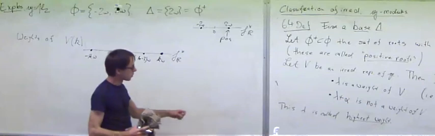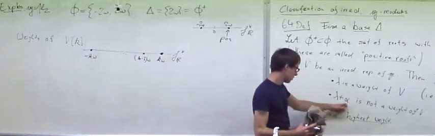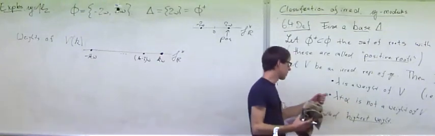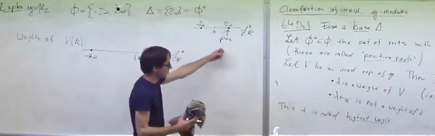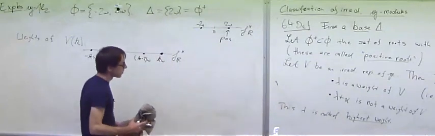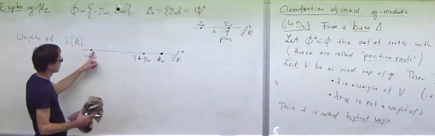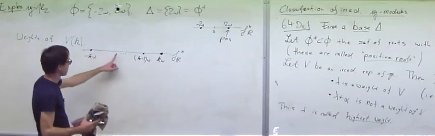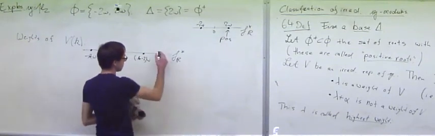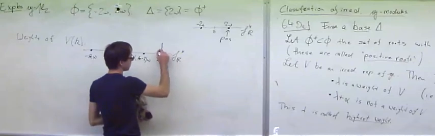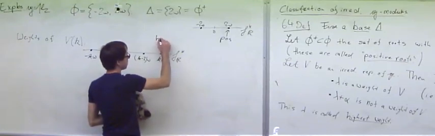So there is only one positive root to check, so I have to find the dot such that when I go 2 to the right, I won't obtain a dot anymore. So this is the unique element which has this property. So this would be the highest weight here.